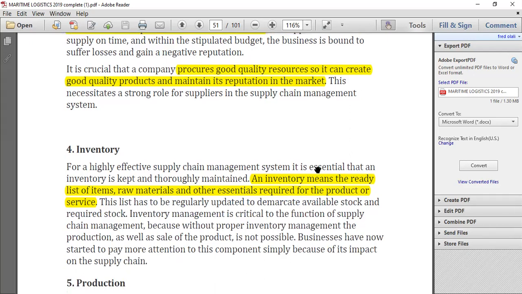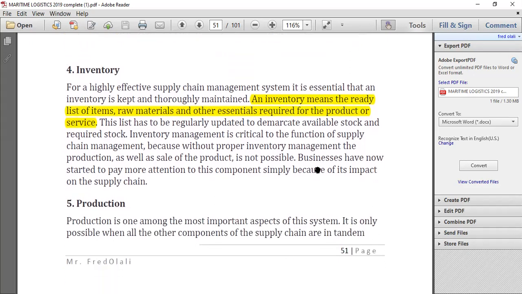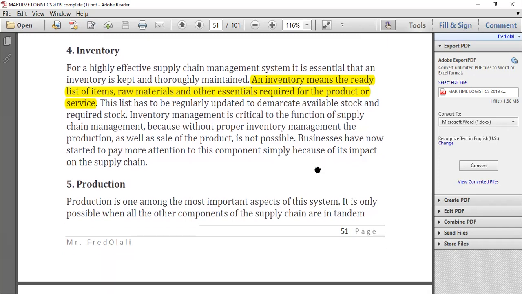Then the fourth component is inventory. Now, for a highly effective supply chain management system, it is essential that inventory is kept and thoroughly maintained. Maybe you may ask yourself what inventory means. Inventory simply means the ready list of items, that is the raw materials and other essentials required for the product or a service.